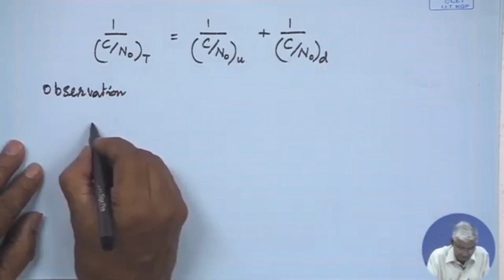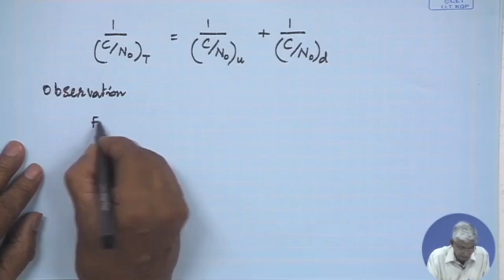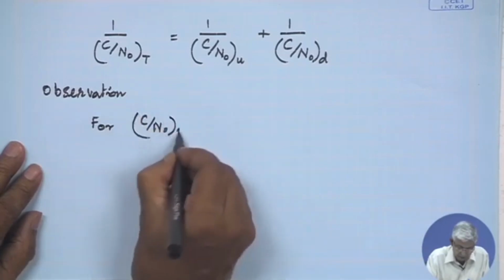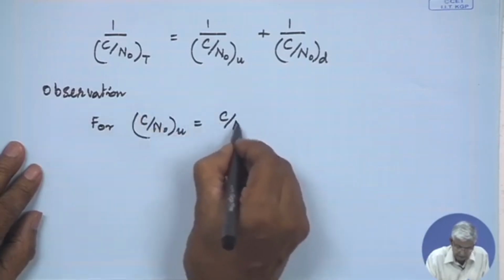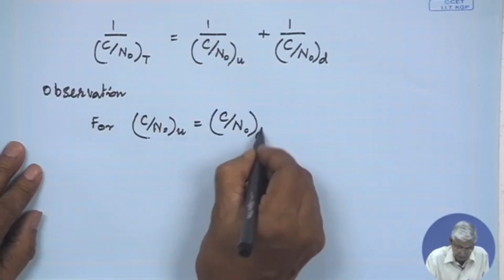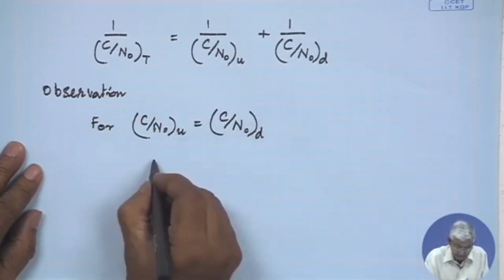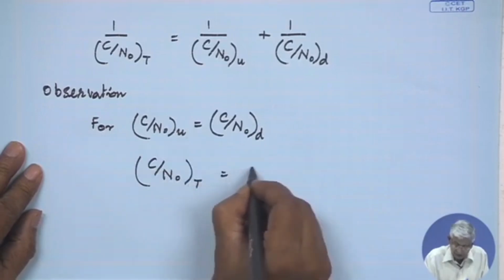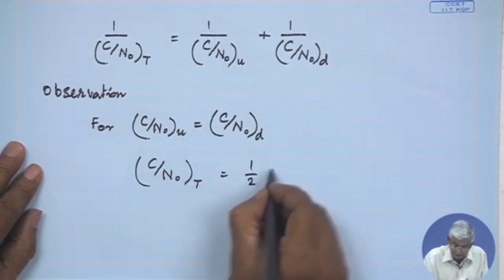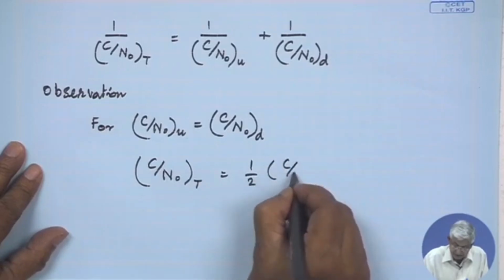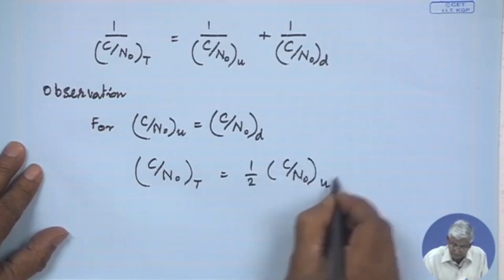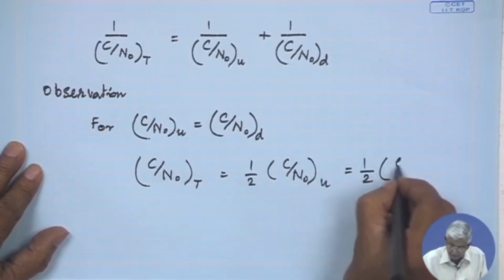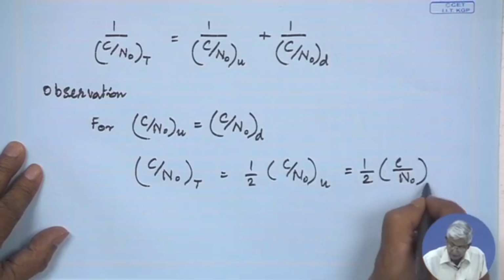You can see the effect: for a condition where C by N0 up is the same as C by N0 down, then the C by N0 total is half of either C by N0 up or C by N0 down.